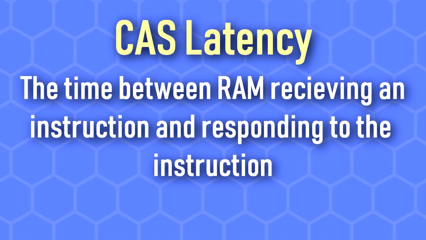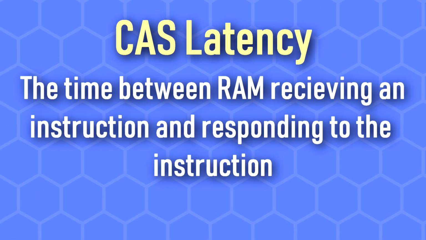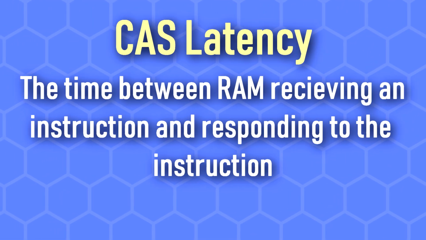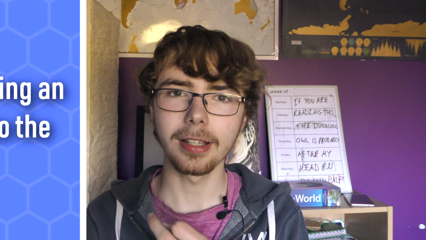But there is another major factor at play, which is the lesser known one. CL, or CAS latency, or column access strobe latency. Yes, a double abbreviation. That's how awesome it is. This basically refers to the amount of time it takes for the RAM to receive an instruction and actually do something about that instruction.